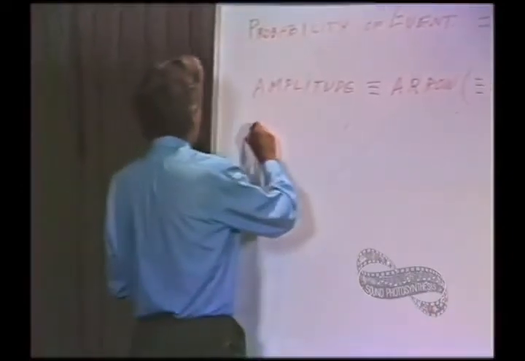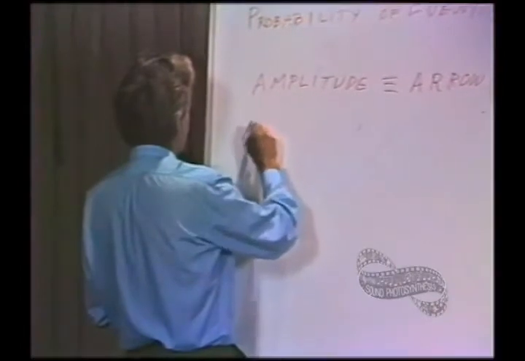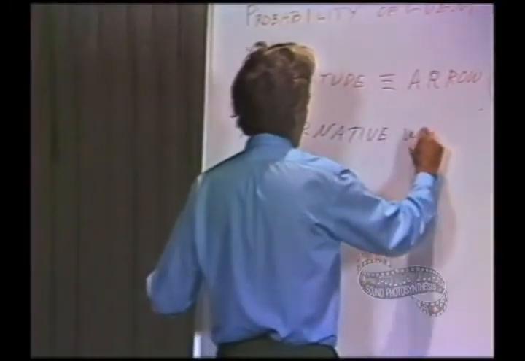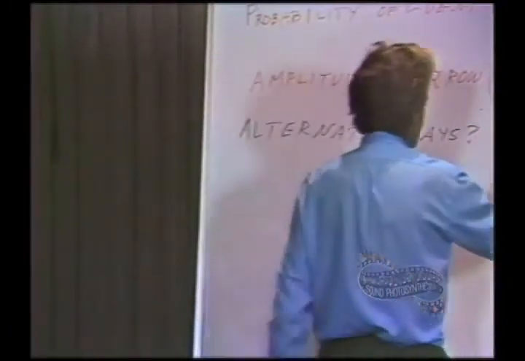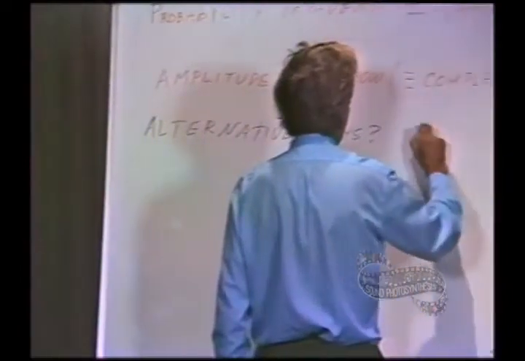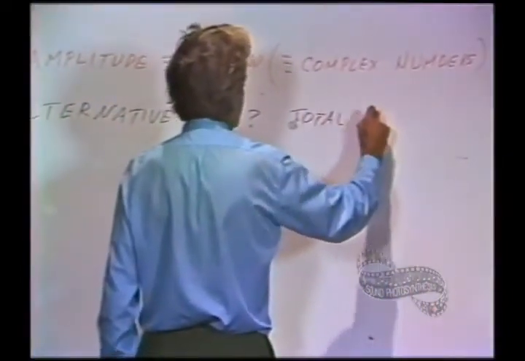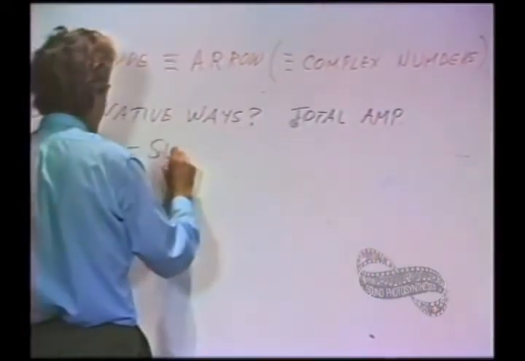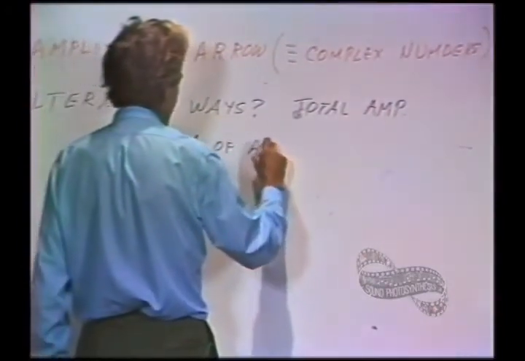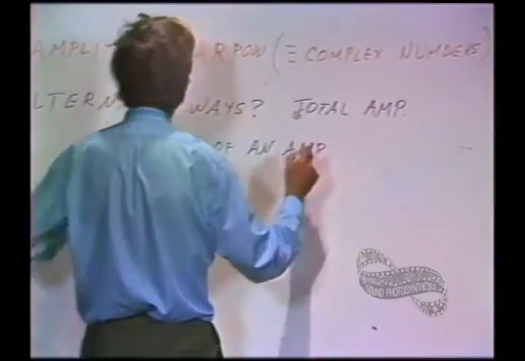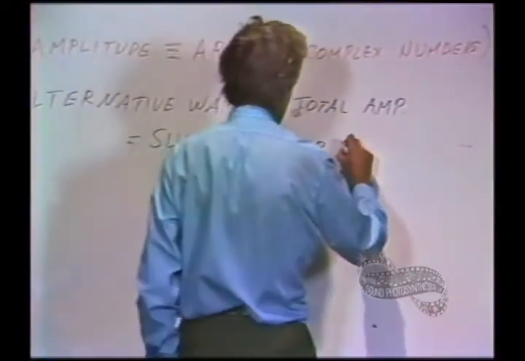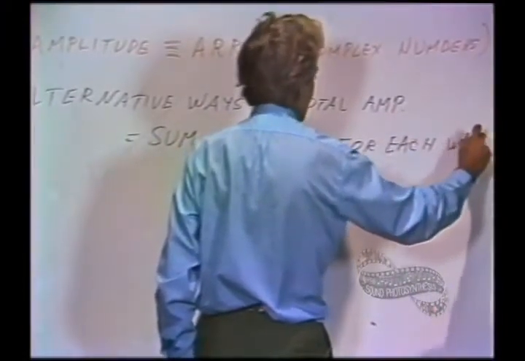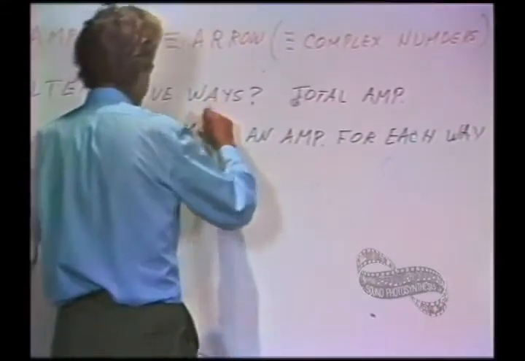I summarize that idea in shorthand by saying apparently alternative ways: the total amplitude, or final amplitude, means the final arrow is equal to the sum of an amplitude, or an arrow, that's identical, for each way. All right? Isn't that a vector sum? I explained what that meant. Sum, add, yes, that way.